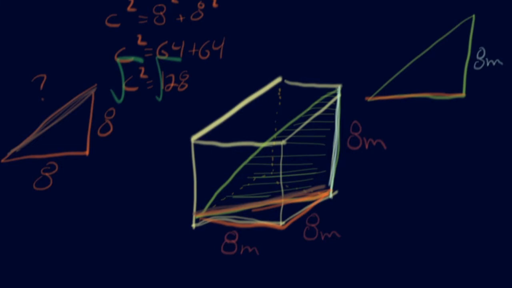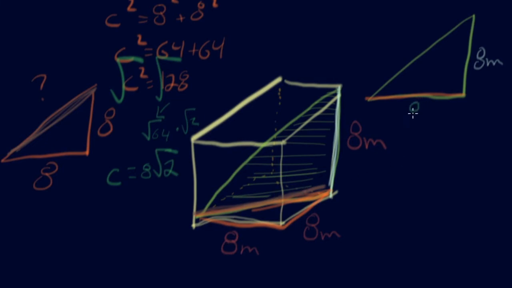The square root of 128, I think we're going to do 64 times 2. Is that what we end up doing? I think so. 64 times 2, like that. So that would be 8 root 2. So c is equal to 8 root 2. Okay. So now we know that this diagonal is 8 root 2.